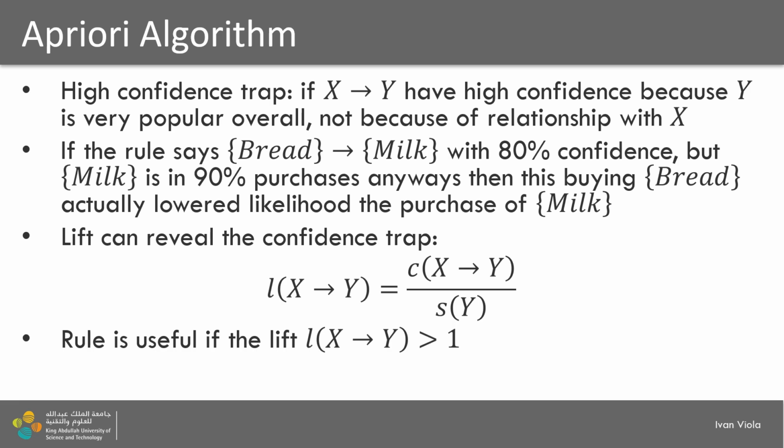If it is equal to 1 or smaller than 1, then this rule is not really useful and doesn't need to be selected for hypothesis generation.